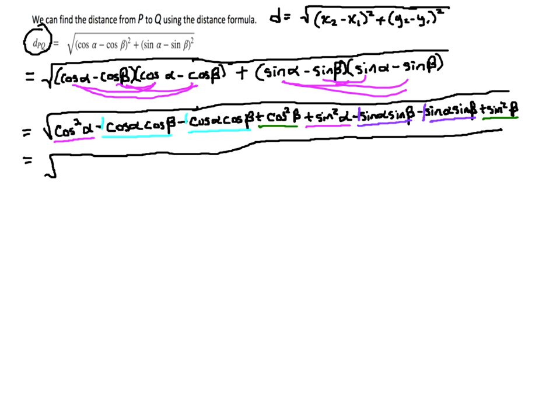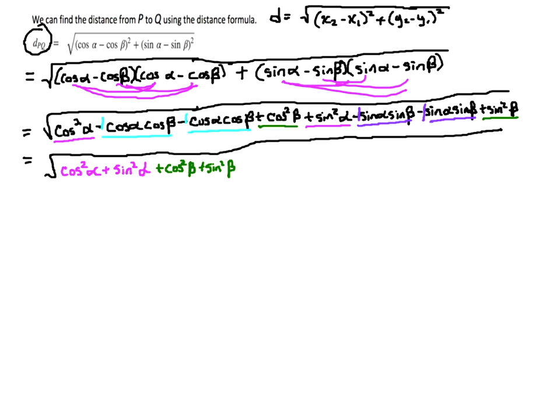Okay, so I'm going to put cosine squared alpha plus sine squared alpha together. And then I'm going to put positive cosine squared beta plus sine squared beta together.